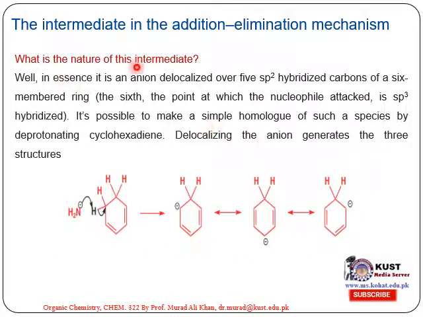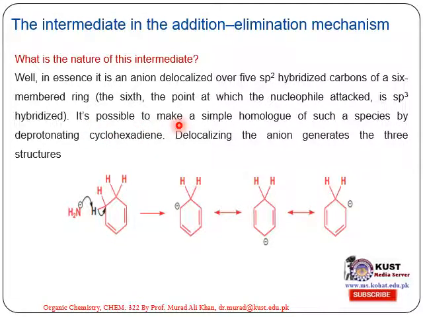What is the nature of this intermediate? Well, in essence, it is an anion delocalized over 5 sp2 hybridized carbons of a 6-membered ring. The sixth, the point at which the nucleophile attacks, is sp3 hybridized. Here it converts into sp3.